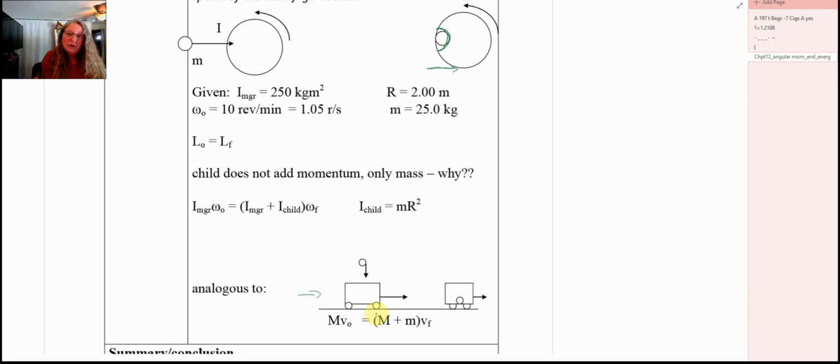The same with the child jumping on the wheel or shooting the ball into the edge of the spinning wheel head on. It's going to slow it down by mass only. We're not going to have contributions of the tangential velocity going into the angular momentum.